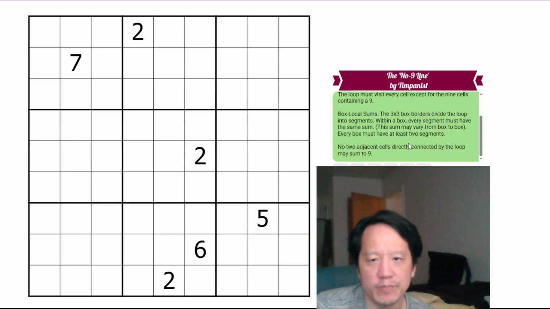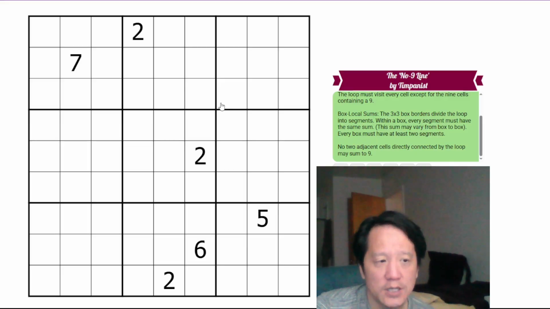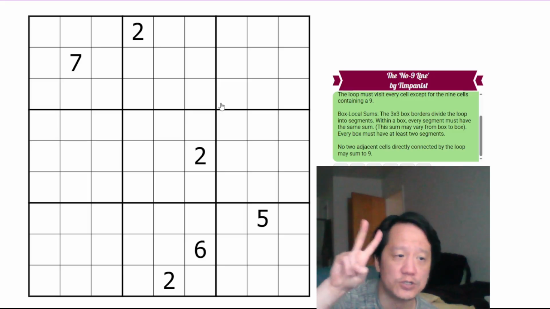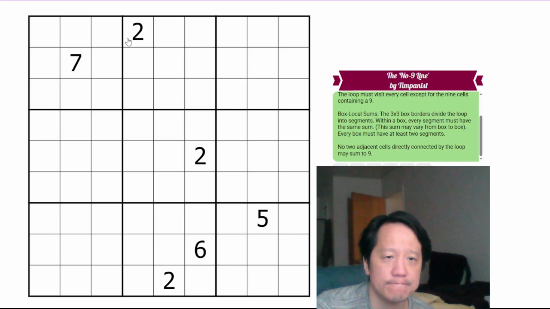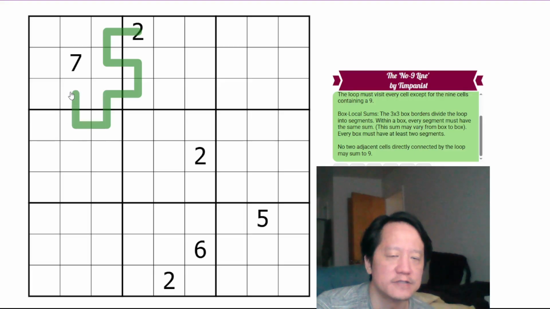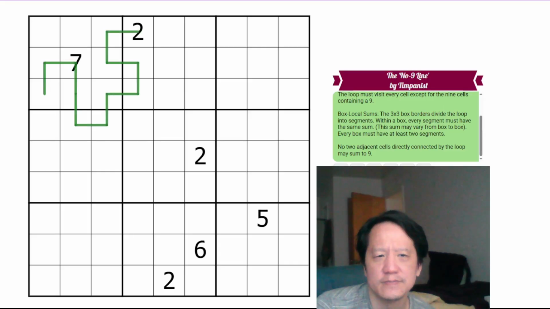And in every box, every segment must have the same sum on the loop. And you have to have guaranteed 2 segments. So if you have the loop do something like that, I guess that's not possible, but that's actually very interesting.